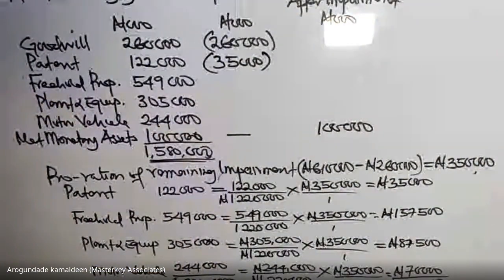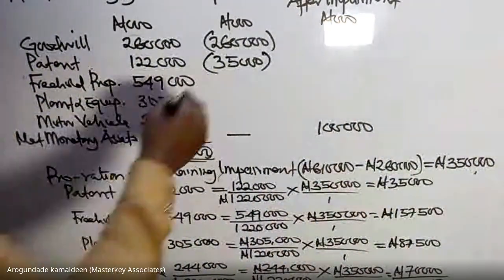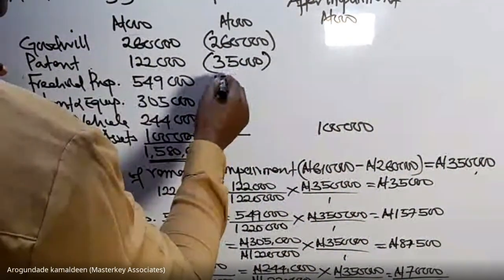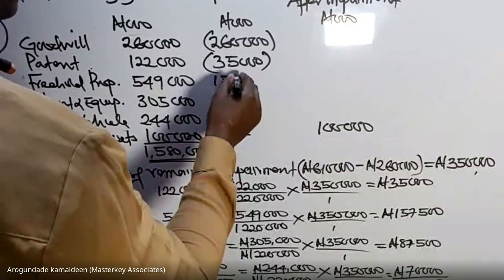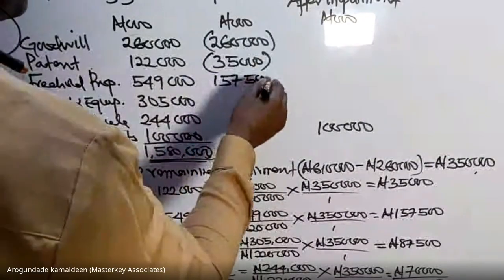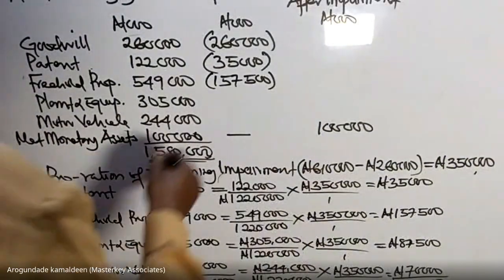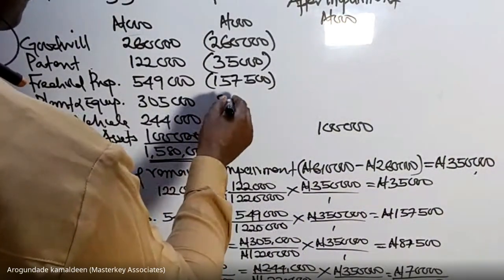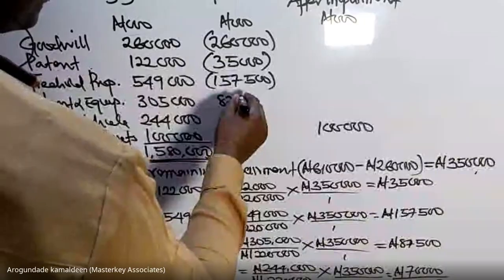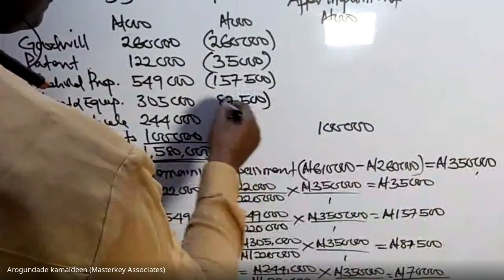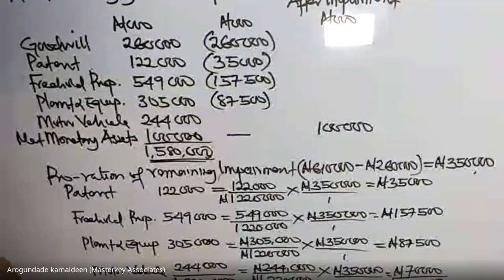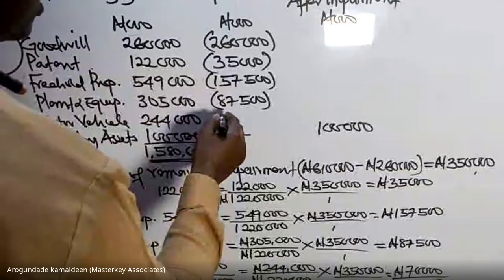For the freehold property, it is 157,500. For the plant and equipment, it is 87. For motor vehicle, it is 70.